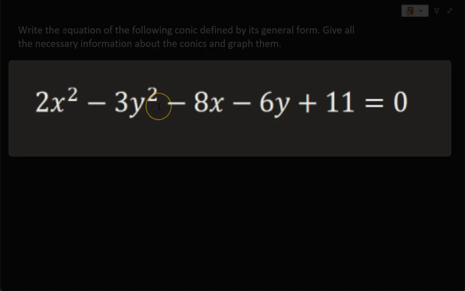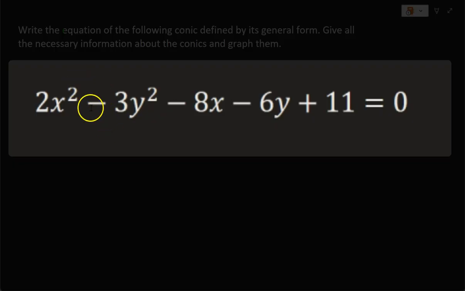Now, the first thing is that by just looking at this, a very quick observation, you should be able to say right away what kind of a conic this is. So the idea is that if you see an x squared and a y squared term, and if they're separated by a negative, so this is x squared minus y squared, yes, there is a 2 in front and a 3 in front, but this negative sign between the square terms of x and y gives you the very important signature of a hyperbola.